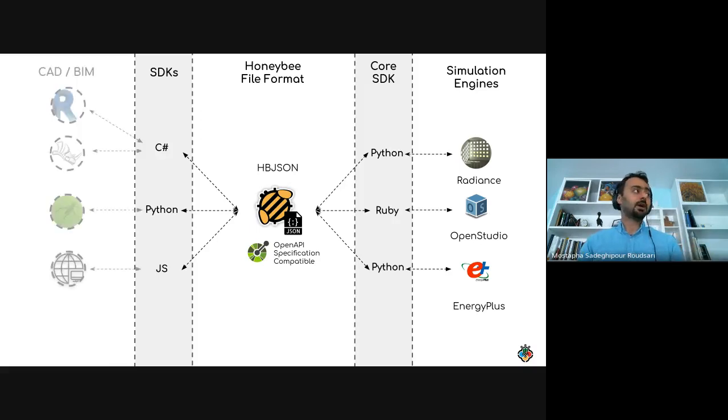At least C# and Python are the ones that we're using heavily. We're using them for our own plugins, which means you can also use them. That means it's not a Python-only solution, and you don't have to create the JSON yourself. You use the SDK, so you can program the whole process and edit the whole model, so you have full control of your analytical model.